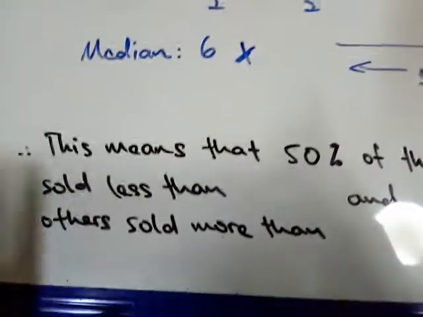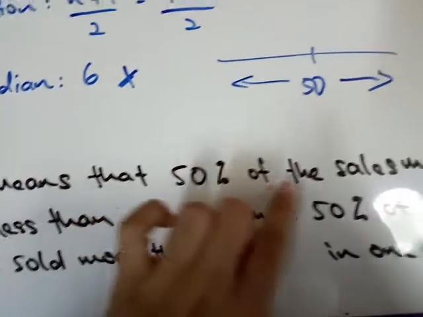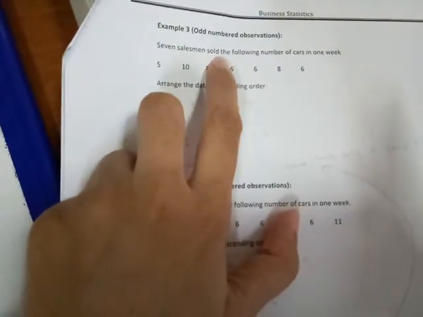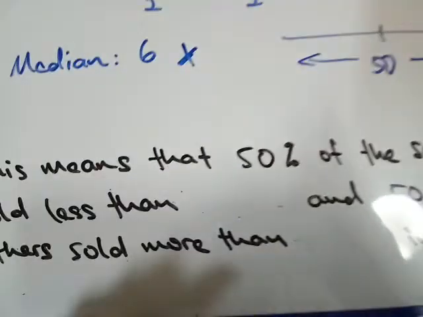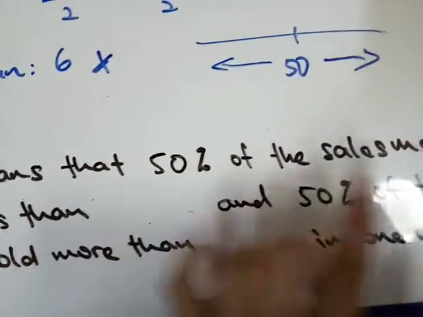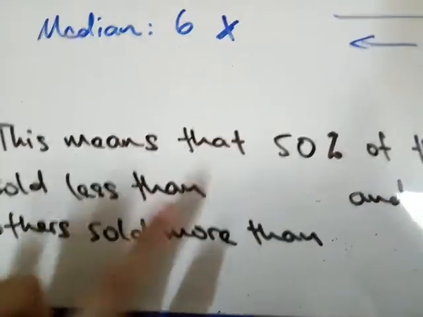So how to interpret? Yang ni saya dah siap tulis lah. This means that 50% of the salesmen. Kenapa bagi tahu salesman? Sebab tengok pada statement. 7 salesmen sold the number of cars in 1 week. So for median, this means that 50% of the salesmen sold less than berapa?